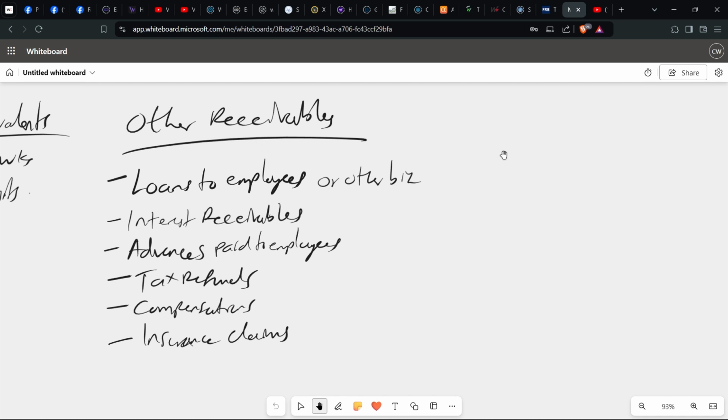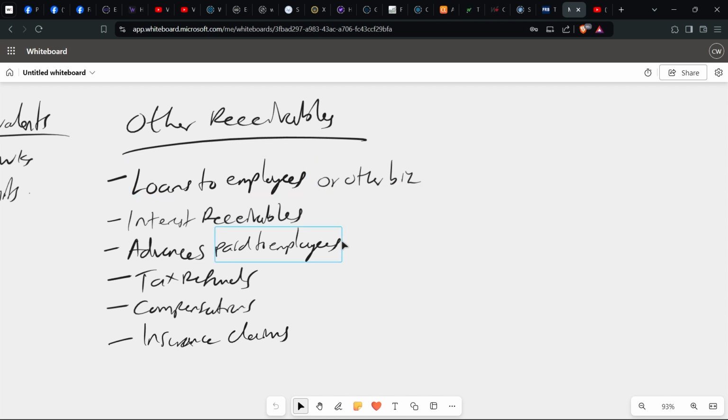All right, the amount expected to be paid back within the year is recorded as a receivable. Okay, and then interest receivables, this is now interest on the loans, or interest on other stuff they give out, that they expect to receive.